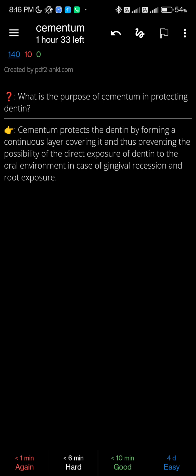Cementum protects the dentin by forming a continuous layer covering it.